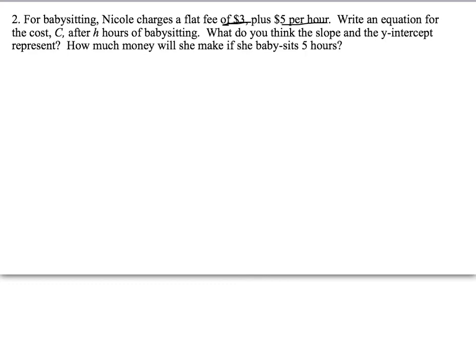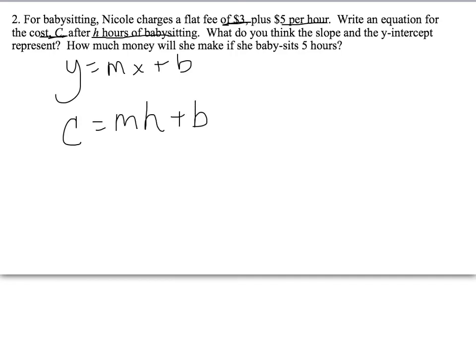Okay, so let's write down our equation, y equals mx plus b. Okay, so we want to write an equation for the total cost C. Okay, so that's our output, the total cost C, and the hours are what's changing. Okay, so I'm just going to rewrite that. Hours are what's changing. So now, Nicole charges a flat fee of $3.